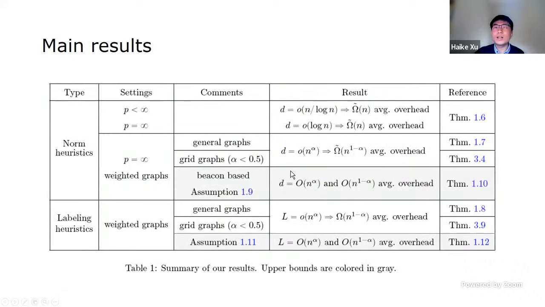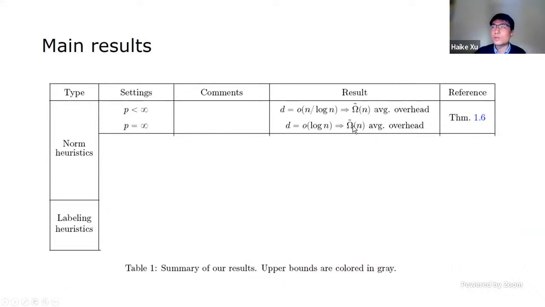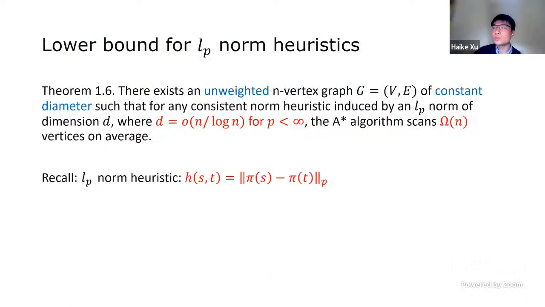This is our table of results, and in the remainder of the presentation, I will elaborate on this table. There are many results, and we first look at theorem 1.6, the lower bound result for LP norm heuristics. Our theorem says that we can construct an n-vertex graph such that, if the embedding dimension d is smaller than n over log n, then A* will scan Omega(n) vertices.